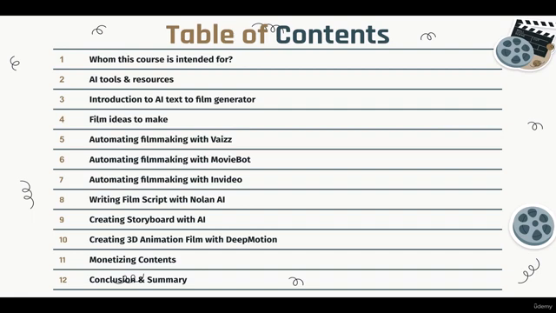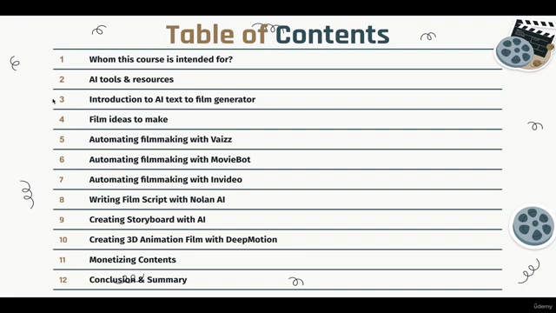And we're also going to talk about Deep Motion, right? We're going to use that tool to generate 3D animation films. Okay, so those are 6 or 7 tools that we're going to use, and don't worry guys, all of those tools are completely free, right? So we're not going to spend money on these tools. Those are completely free.